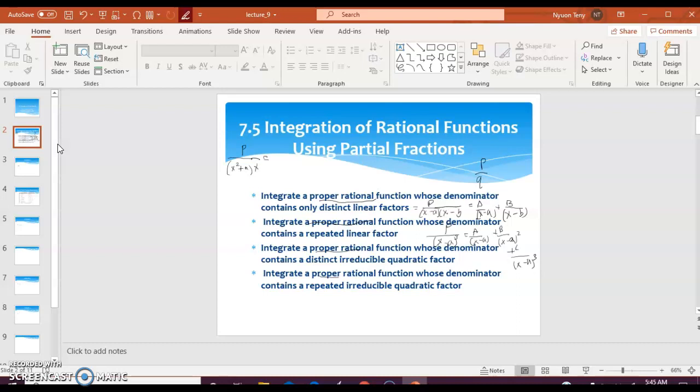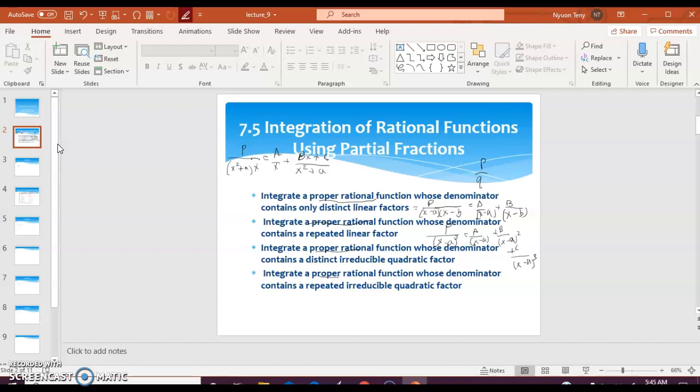So then I'm going to say A over x plus, so here the degree is 2, up top I have to have a degree of 1, Bx plus C over x squared plus a squared.